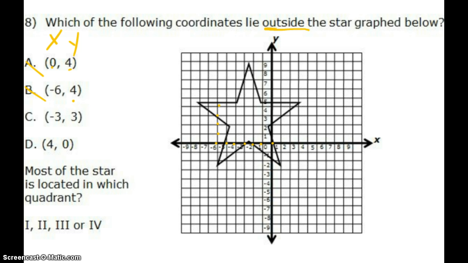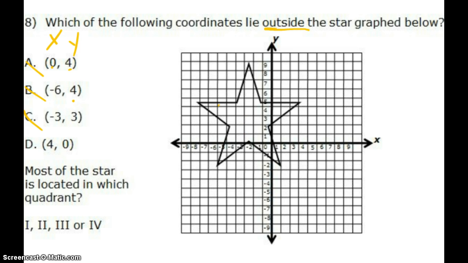Nope, that is inside the star. That cannot be the correct answer. So now let's look at C. So negative 3, that tells me to go to the left. 1, 2, 3, and then positive 3 up. 1, 2, 3. So that is also inside the star. So we are not going to choose C.